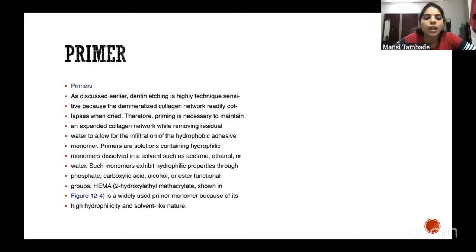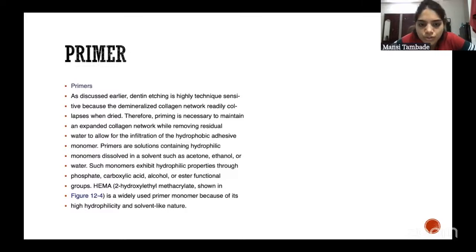Primers, as was discussed earlier: dentin bonding is highly technique sensitive because the demineralized collagen network readily collapses when dried. Therefore, priming is necessary to maintain an expanded collagen network while removing residual water to allow the infiltration of the hydrophobic adhesive monomer.